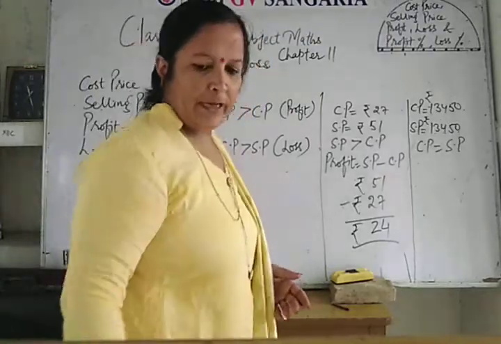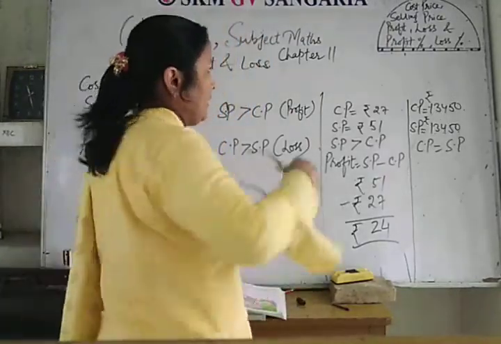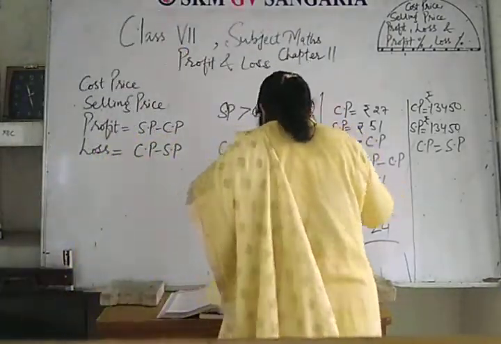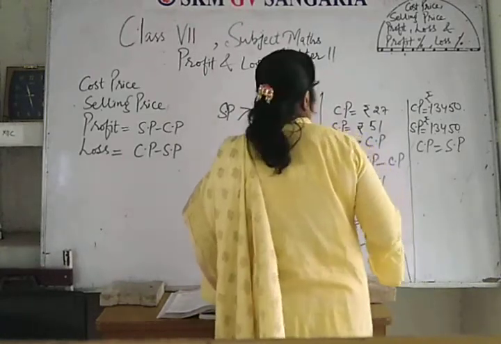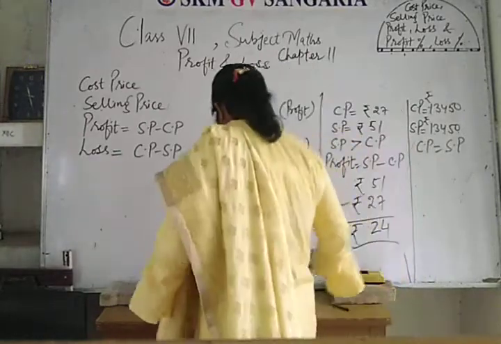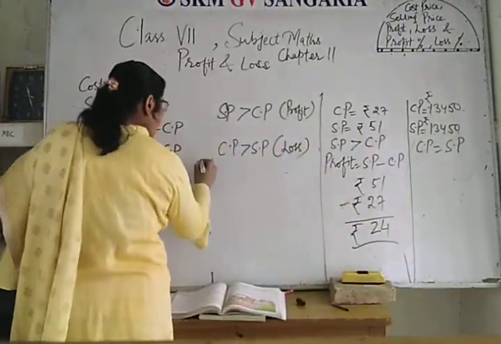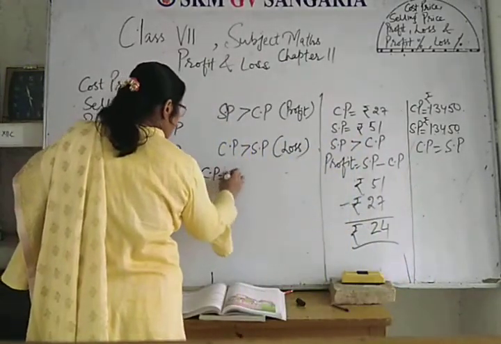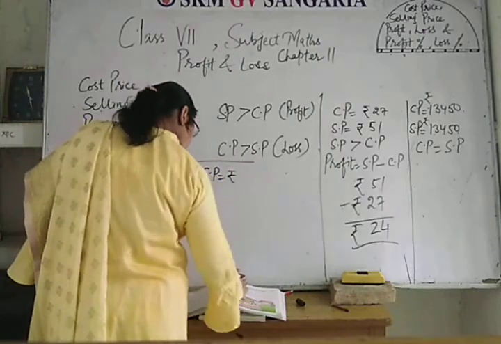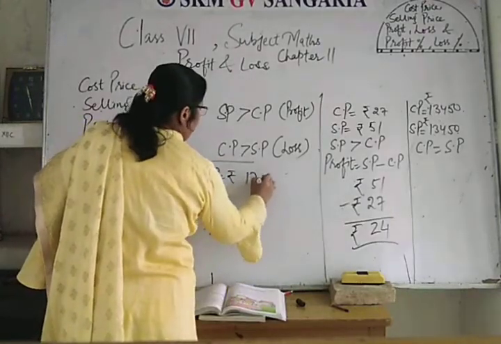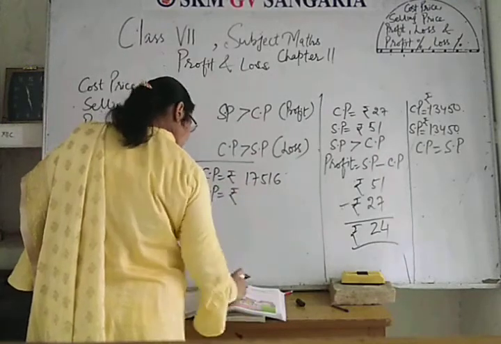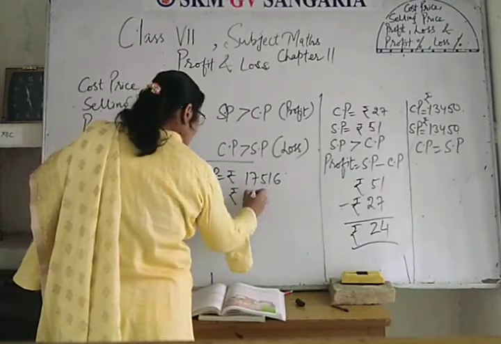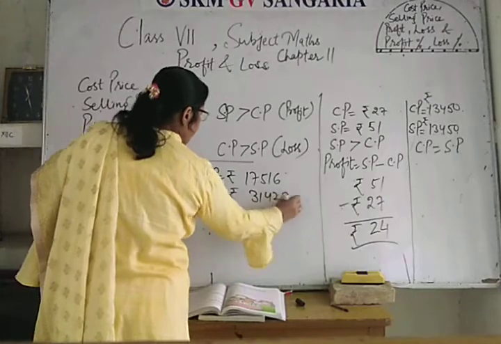So we can take one more example of finding loss or profit. Here cost price is rupees 17,516 and selling price is 31,427.